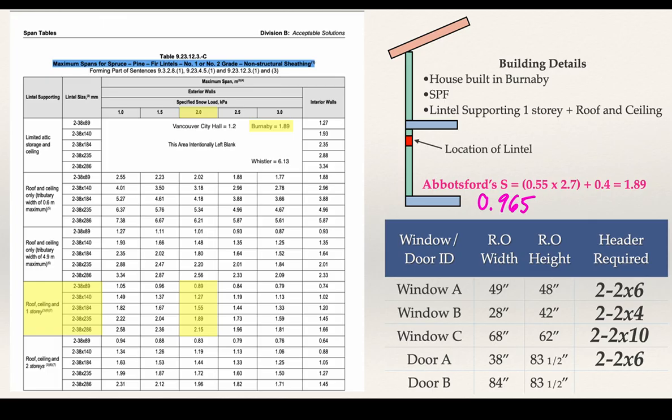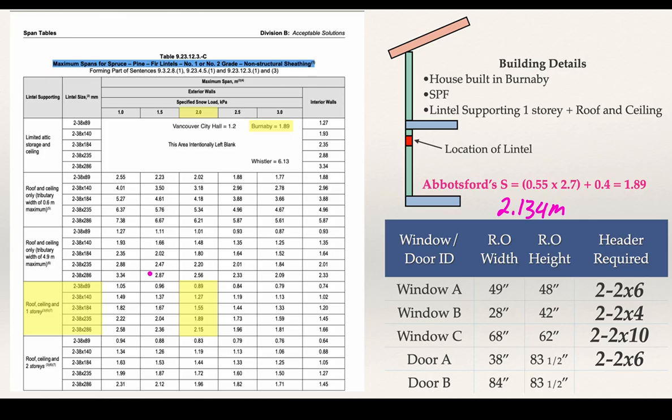And we can get away with a double 2x6 because 965 is too big for a double 2x4, unfortunately. Now 84 times 25.4 equals 2.134 meters. Okay.